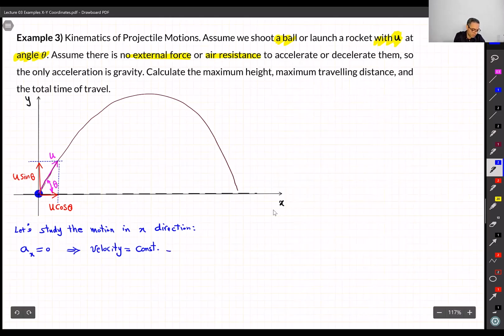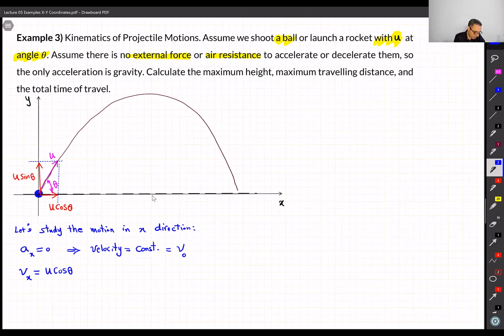So it's going to be equal to V0, whatever we have at the beginning, right? So from here, that's all the information that I have. I can write down then my velocity in X is going to be equal to V0, which here V0 for us means U cosine theta, right? Remember, forget about Y direction. We are just looking at whatever is happening in X.